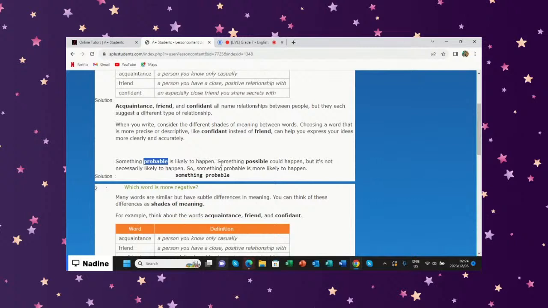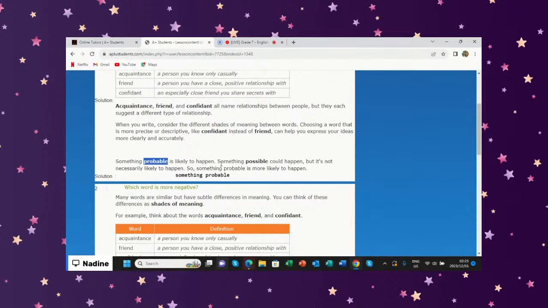And then when we use the word possible, possible means that I'm actually confident that it could happen. There's like a 50-50 chance that it could happen. It's like you're more confident in knowing that something might happen. But also, when it comes to possible, it's not likely or necessary that it's going to happen.